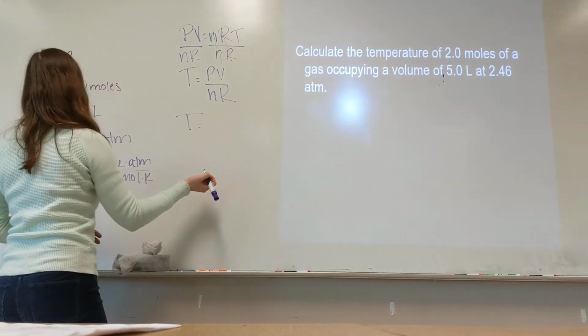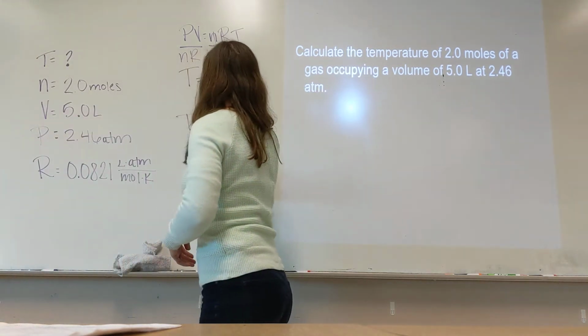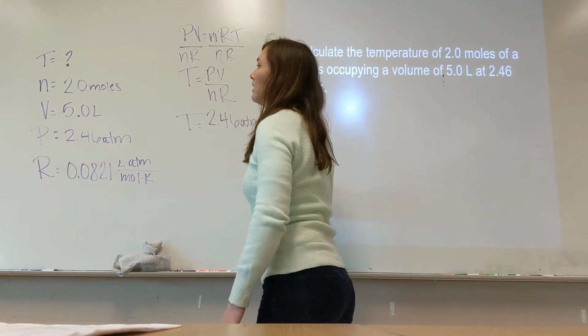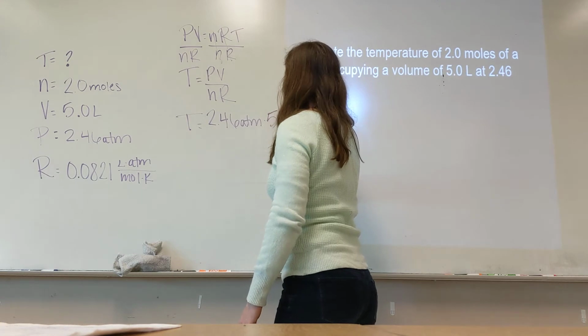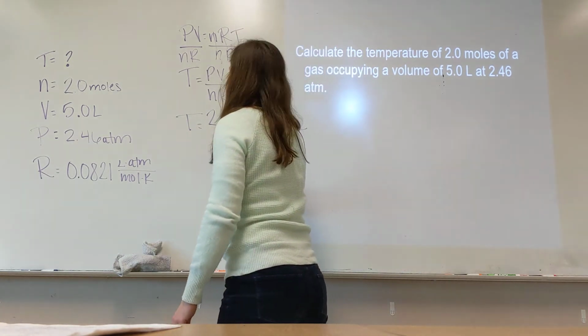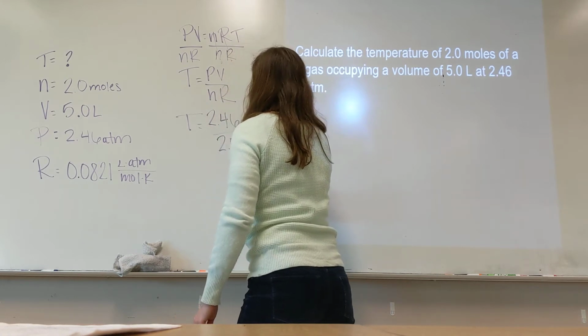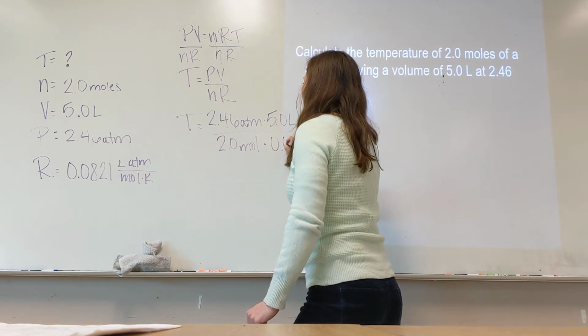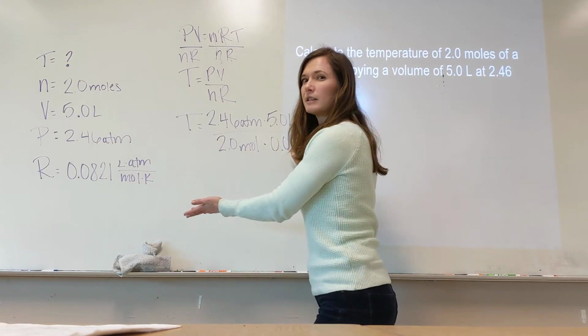And now I can start to plug in all of the variables that I have. So P is 2.46 atmospheres. V is 5.0 liters. N is 2.0 moles times R. Remember, R is a constant.